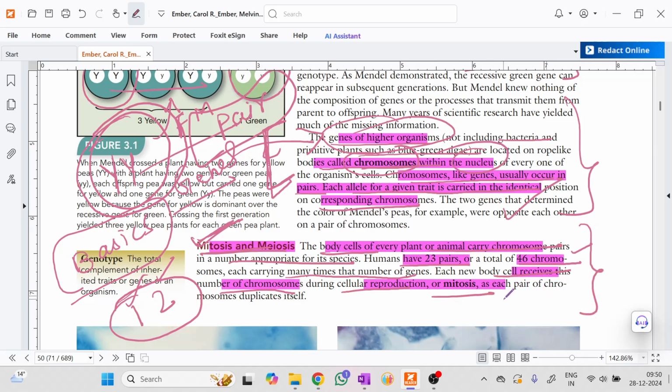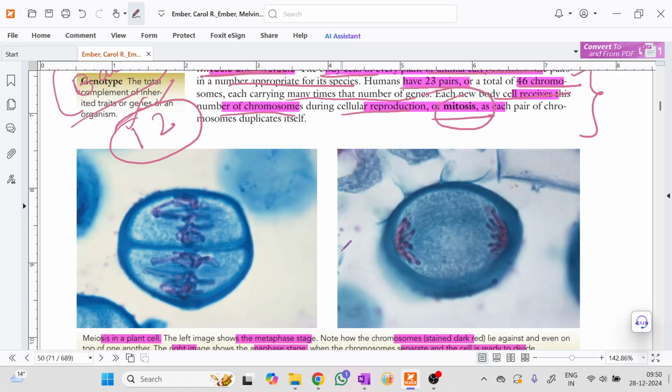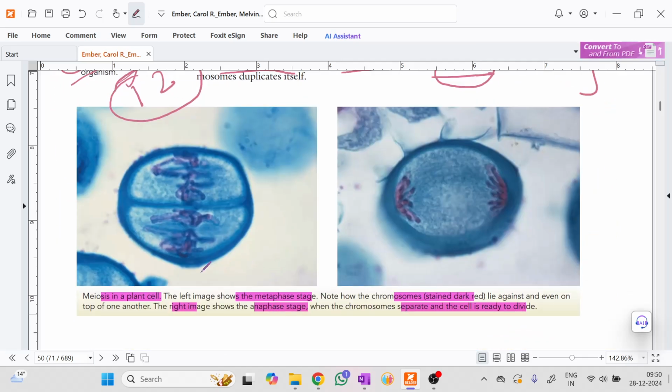So most of these cells, other than the gametes, divide through a process called mitosis. Mitosis in a plant cell is given here in the diagram. This image shows the metaphase, which is a stage of cell division. The chromosomes that are stained dark red here are bundled up.